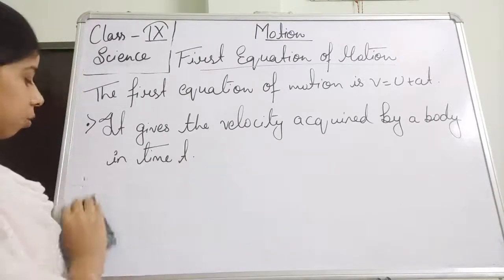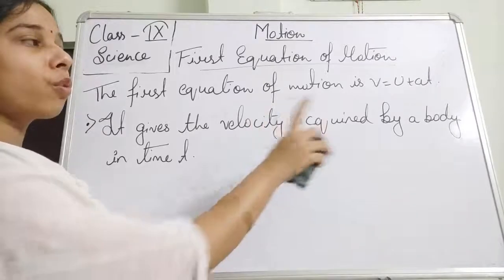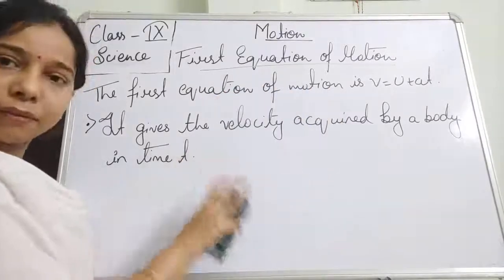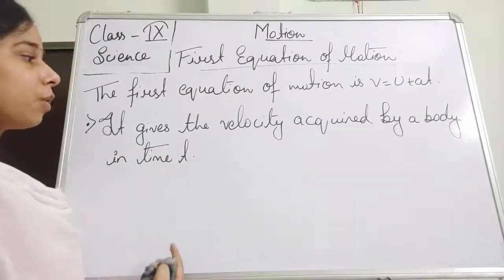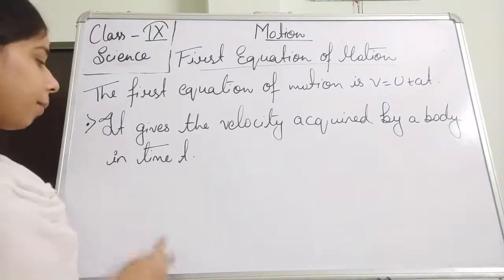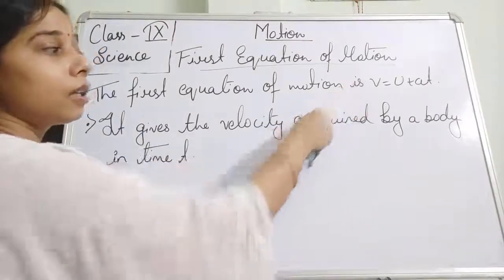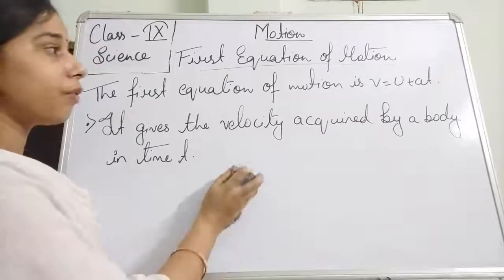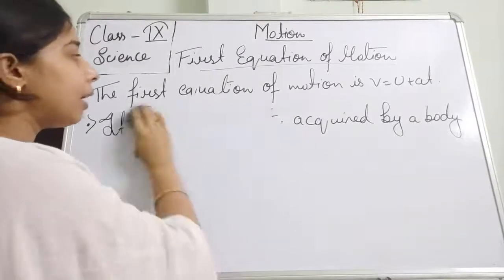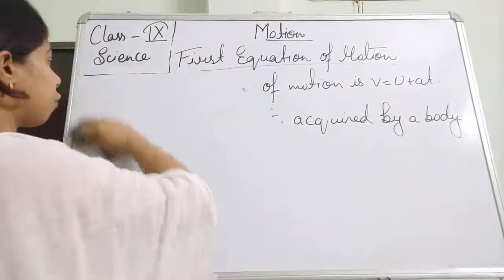I hope you have understood that this is the first equation of motion, v equals u plus at, that we will derive right now. This equation gives the velocity acquired by the body in time t. You can see what velocity is acquired by the body in a particular amount of time, that we will find out with the help of the first equation of motion.